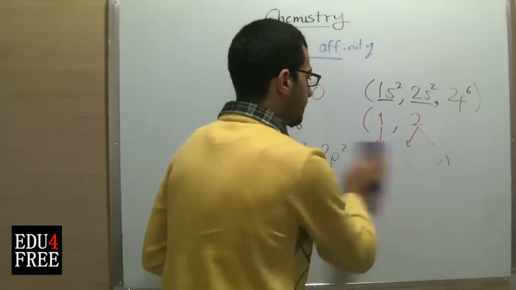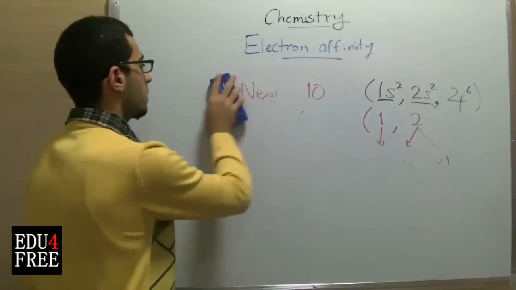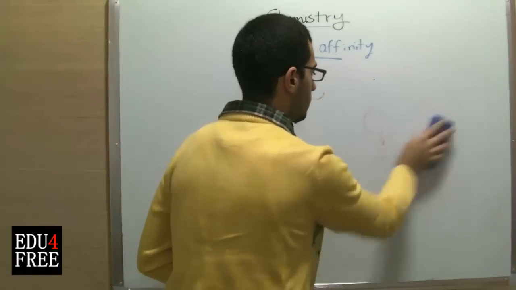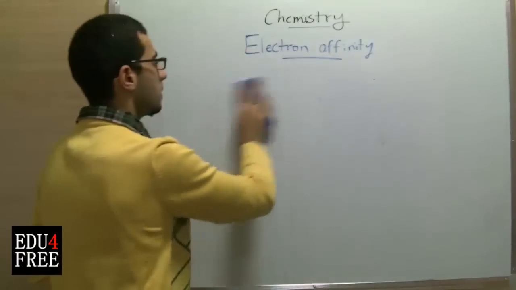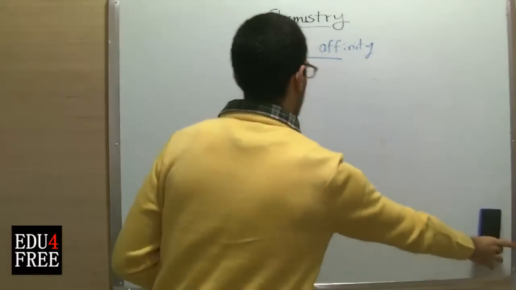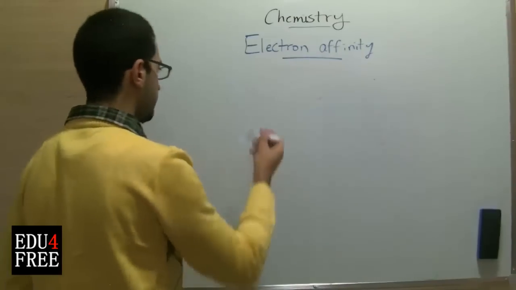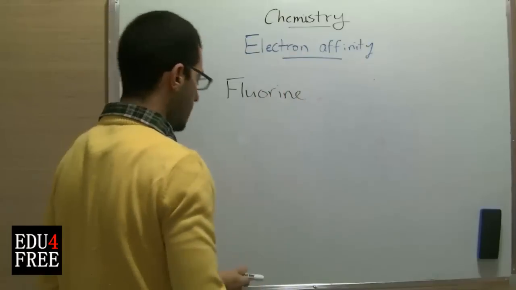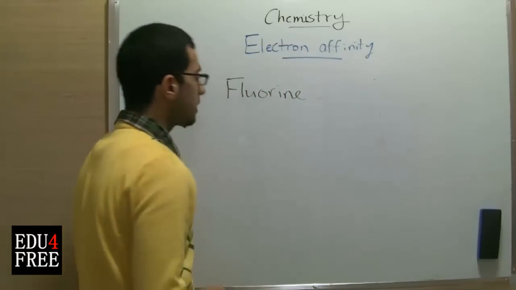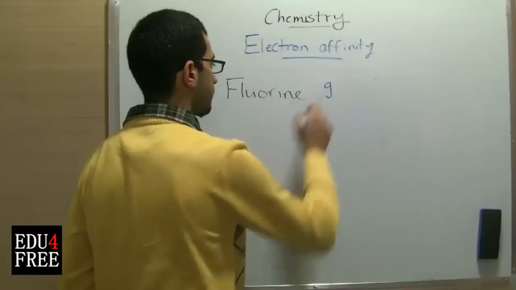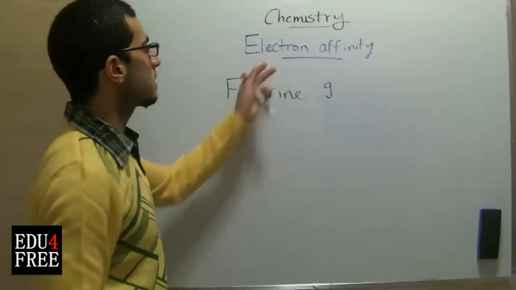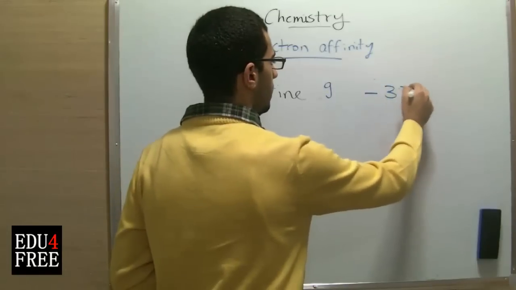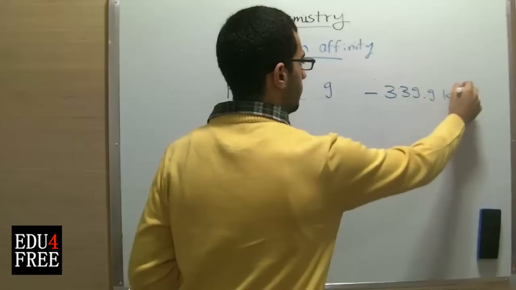The last thing is fluorine. Now, fluorine contains 9 electrons, and its electron affinity is approximately negative 339.9 kilojoules per mole.